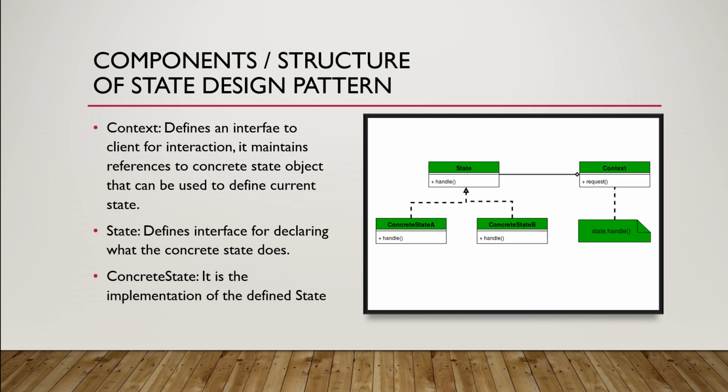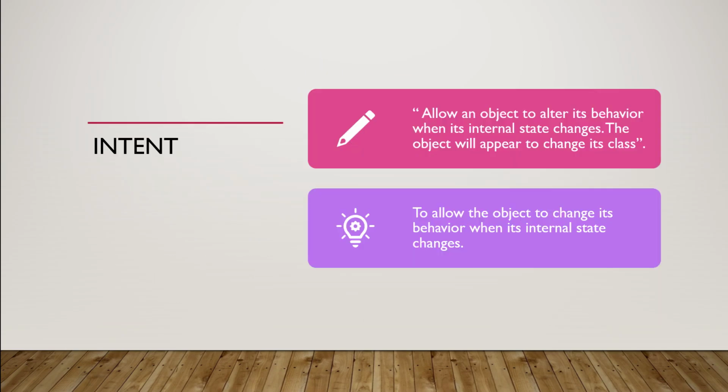And then the state defines the interface for declaring what a concrete state does. So it's like a generic template for all the different states that you can add. In terms of a traffic light, because that's where I did my demo, it would be the traffic light state. And the last component is the concrete state, which is the actual implementation of what that state is going to do.